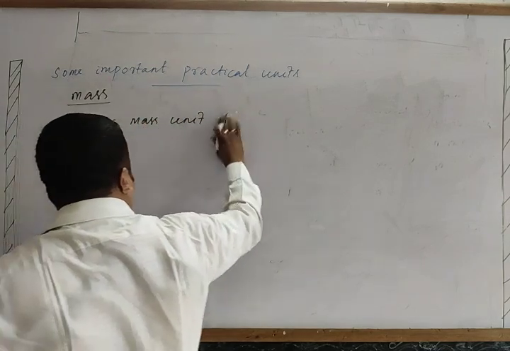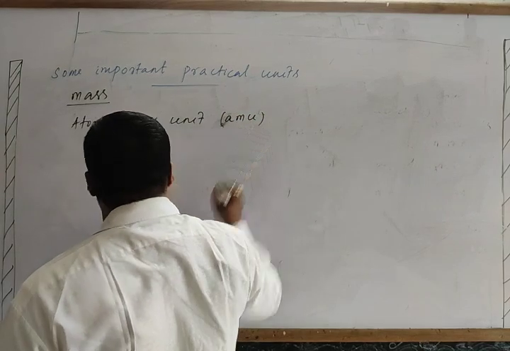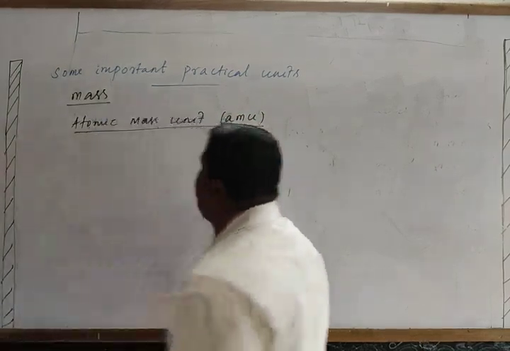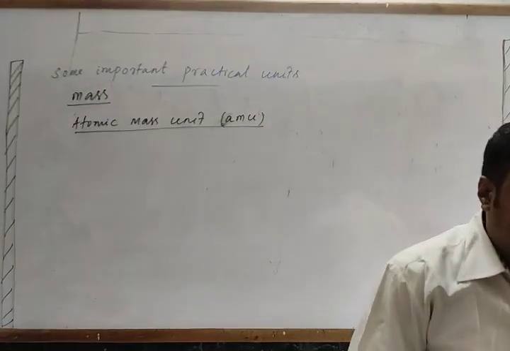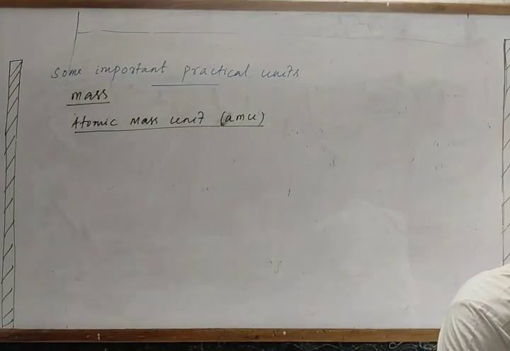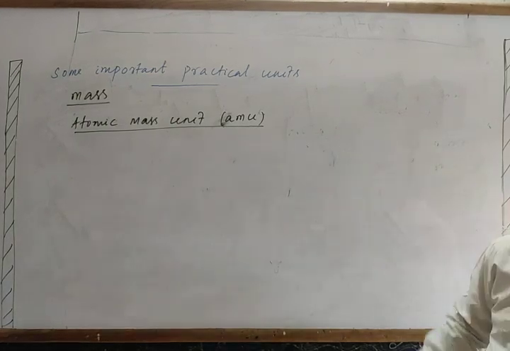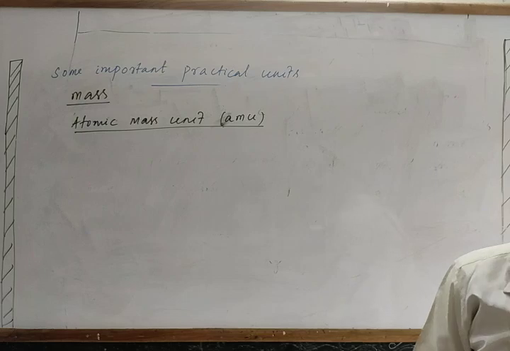In chemistry you are acquainted with this word AMU for measuring mass. The atomic mass unit is used to measure small masses. What is that atomic mass unit? It is used to measure the mass of atoms, nucleus and the like, and expressed in AMU.